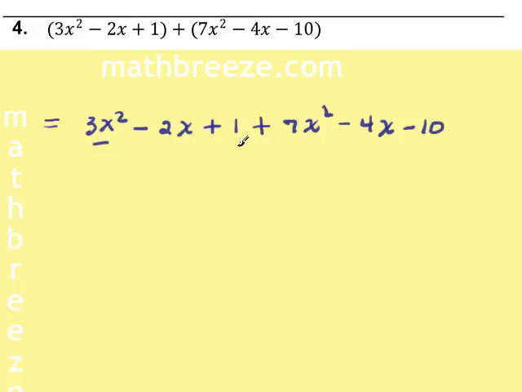All right, like terms. So there we have 10x squared. And I'm going to keep underlining the like terms. And there we have minus 6x. And then we have the numbers, the constants. 1 plus minus 10, so that's a negative 9.